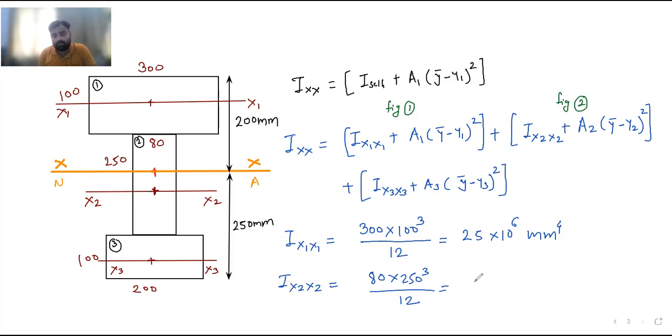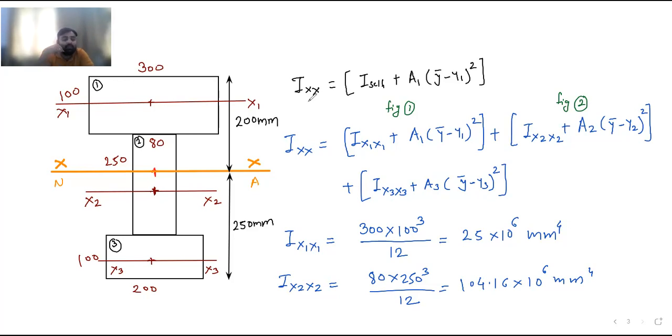So 104.16 into 10 raised to 6 mm raised to 4. It is not mm cube, it is mm raised to 4. It is moment of inertia we are calculating. The unit of section modulus Z is mm cube, but moment of inertia is the second moment of area.